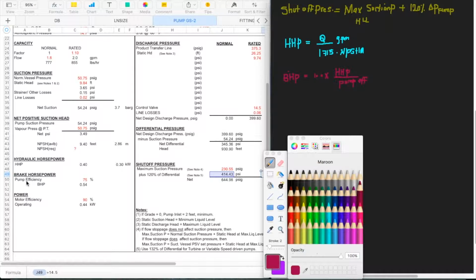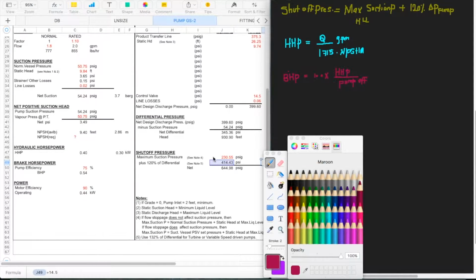But we have to talk about two types of efficiency. One of them is the pump efficiency that we have. Another efficiency that we have is based on motor efficiency. These two efficiencies are not the same. So for power calculation, we use the motor efficiency.